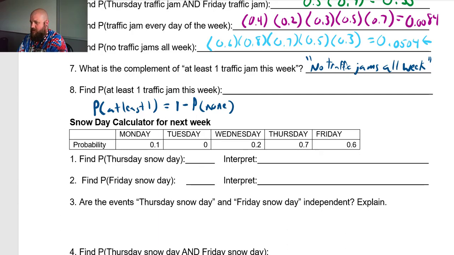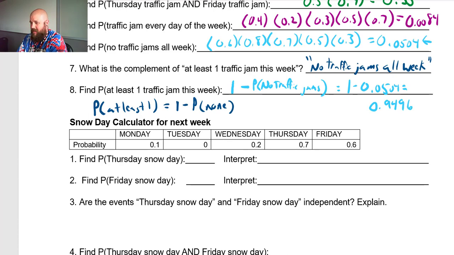So we simply take 1 minus the probability of no traffic jams, and that is equal to 1 minus 0.0504, which gives us 0.9496.